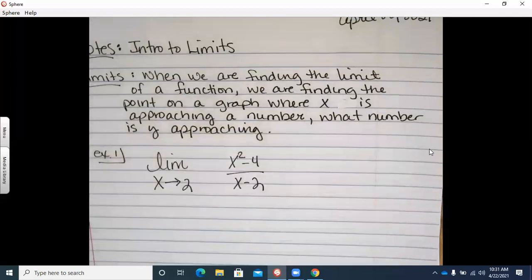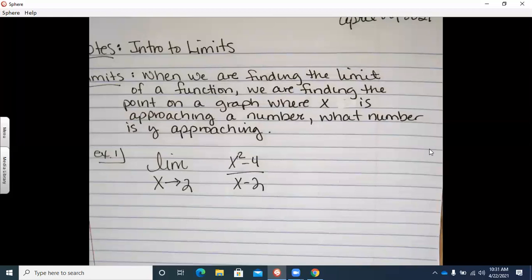I graphed this on Desmos and said, okay guys, as x is approaching 2, what is y approaching? With Desmos, it's pretty easy to see what your y value is when your x value is 2, right? As your graph is getting closer and closer to 2, what is it getting closer and closer to on the y-axis? That's what you're finding. But we have to find it mathematically, all right?